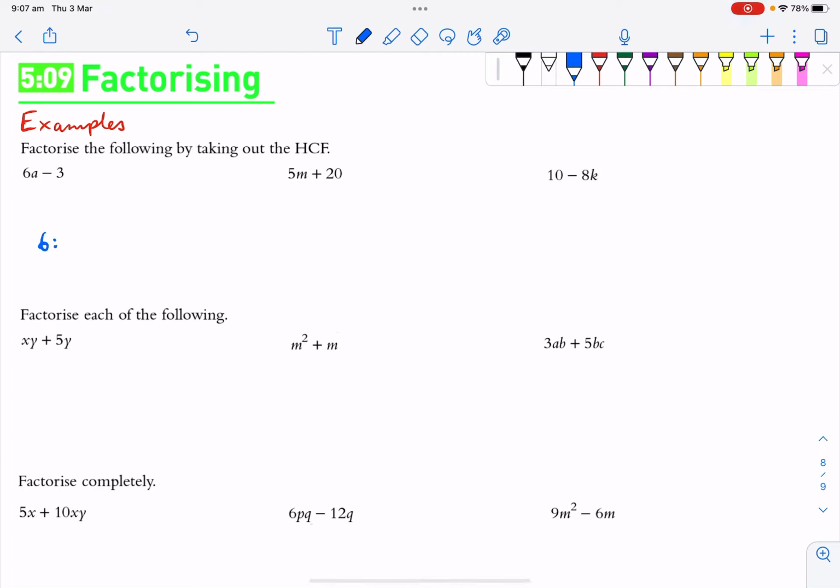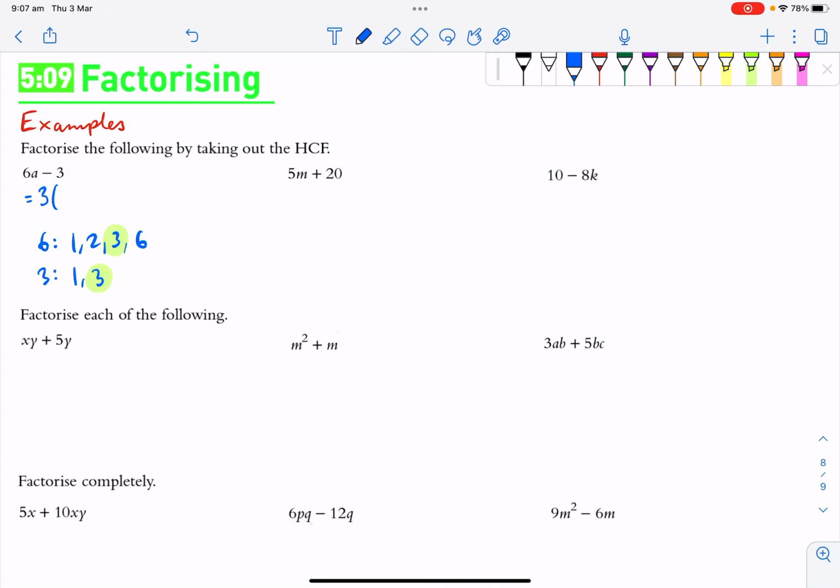Now, if I look at the factors of 6: 1, 2, 3, 6, and with 3 we have 1 and 3. Obviously, we don't do it this way. This is what should be happening in our heads, in our minds. But I can see that the highest common factor here is 3. 3 divides both 6 and 3, and it's the highest number that divides 6 and 3. So by that, I will do 3 as my common factor.